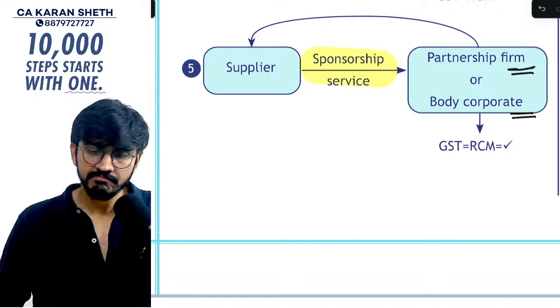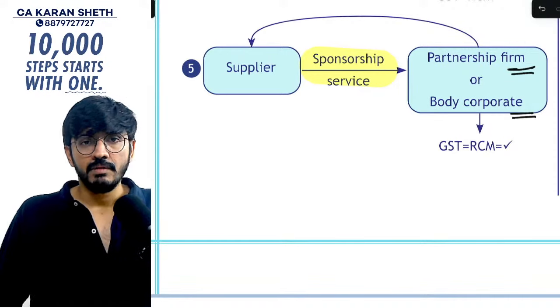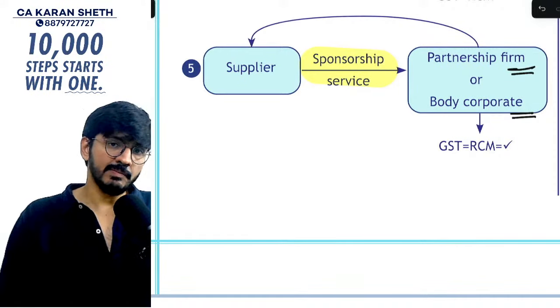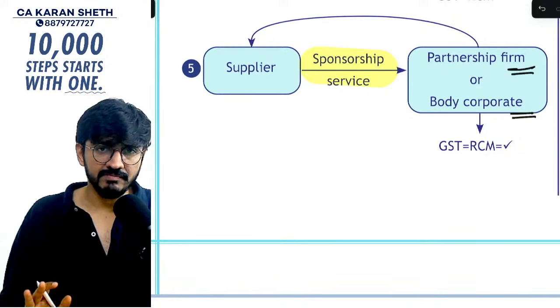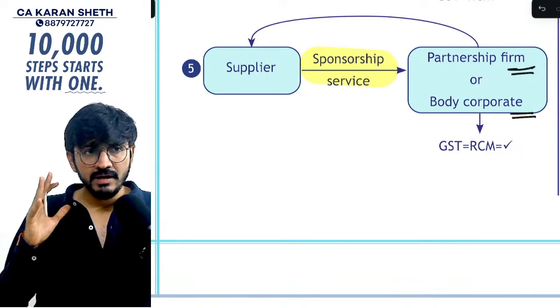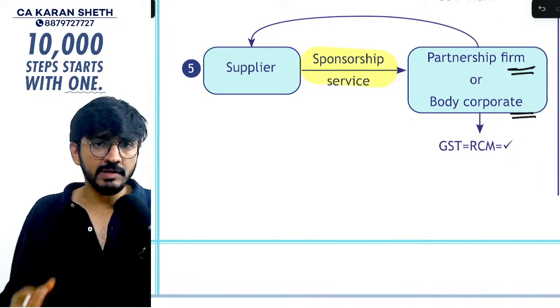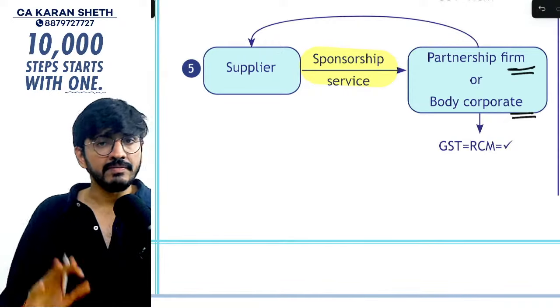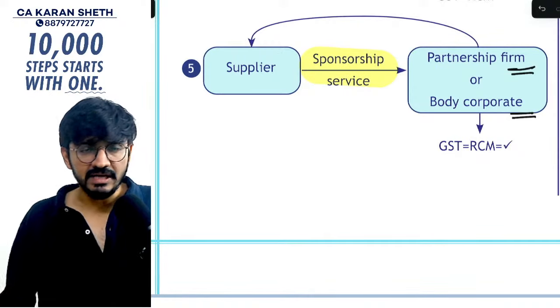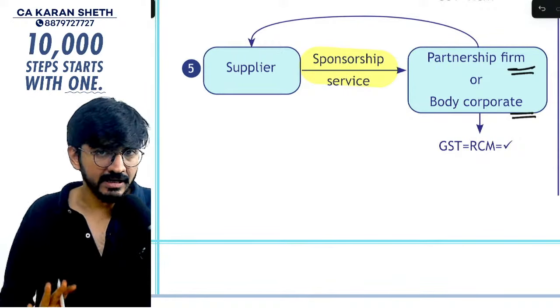If yes, RCM. Because the government thinks that if the recipient is a body corporate or a partnership firm, they are big enough that it is easier for them to do the compliance and they can handle paying taxes per RCM. Is that very clear? Yes.